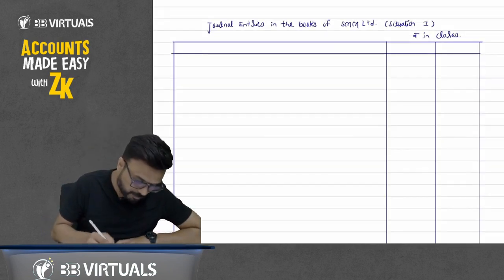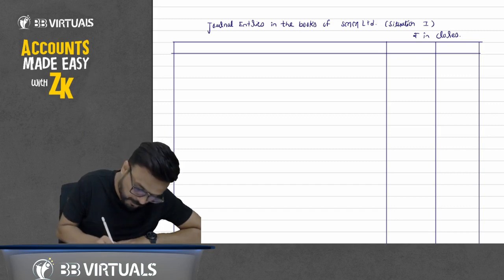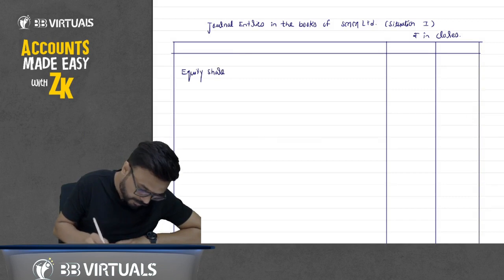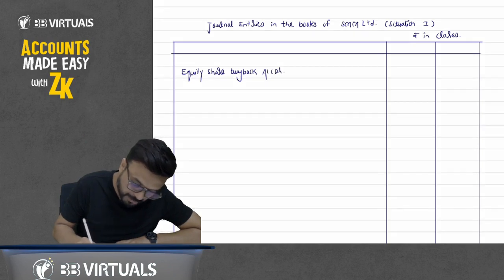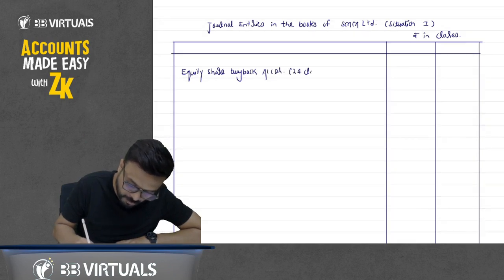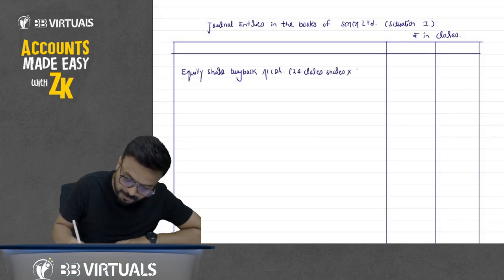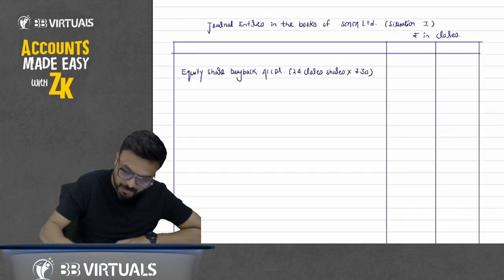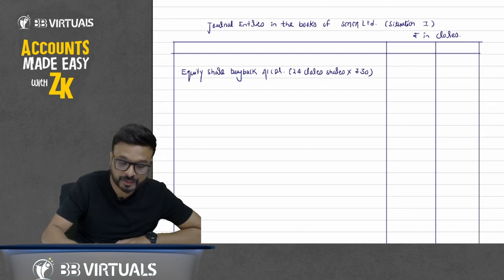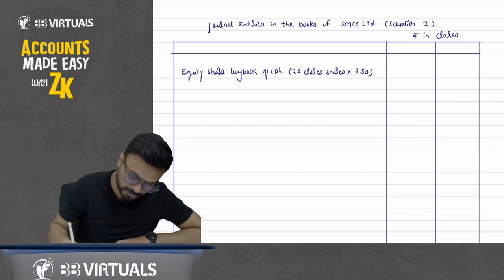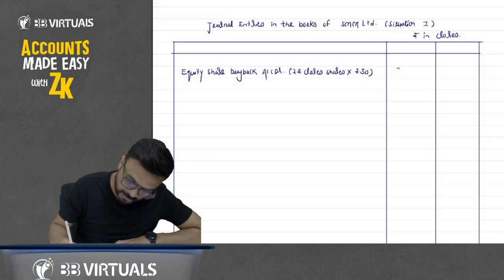So first we will purchase shares. The entry will be: Equity share buyback account debit, 24 crore shares multiplied by rupees 30. So 24 crore shares, and for one share we are paying 30. So how much is it? 720.